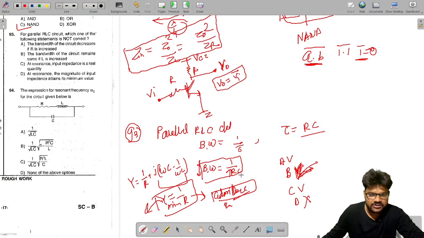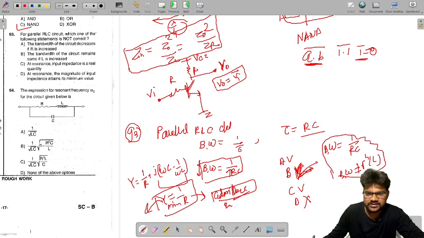So bandwidth is not depending on L. Since bandwidth is 1 by RC, it is not a function of L. So if you increase or decrease L, bandwidth will not be affected. So B option is correct. So only D option is wrong. In the question we are asked, for the parallel RLC circuit, which one of the following statements is not correct? So D option is not correct. So the correct answer for this question will be option D.